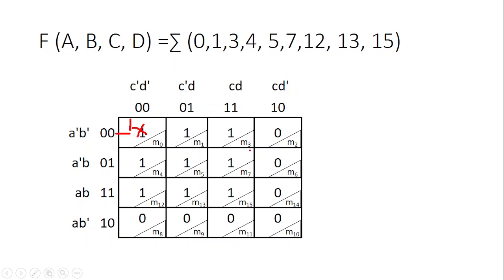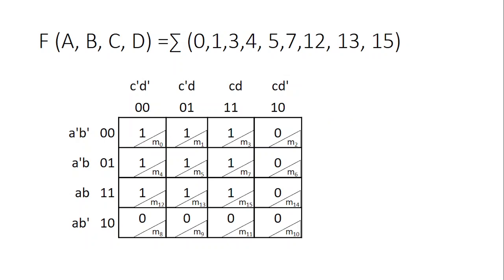In this case, the values of AB are 00, and the value of CD is also 00. You know very well, binary all zeros means it is 0 itself.